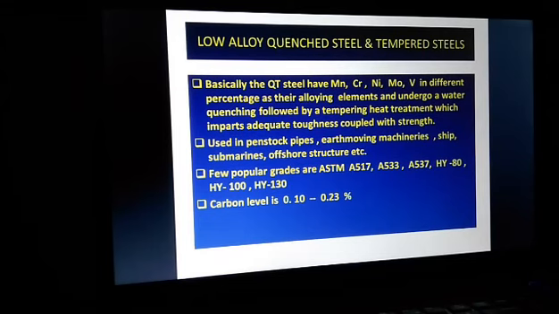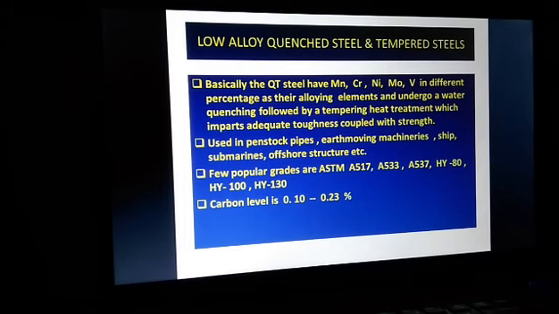Basically, quenched steels have manganese, chromium, nickel, molybdenum and vanadium in different percentages as their alloying elements and undergo water quenching followed by tempering heat treatment, which imparts adequate toughness coupled with strength.